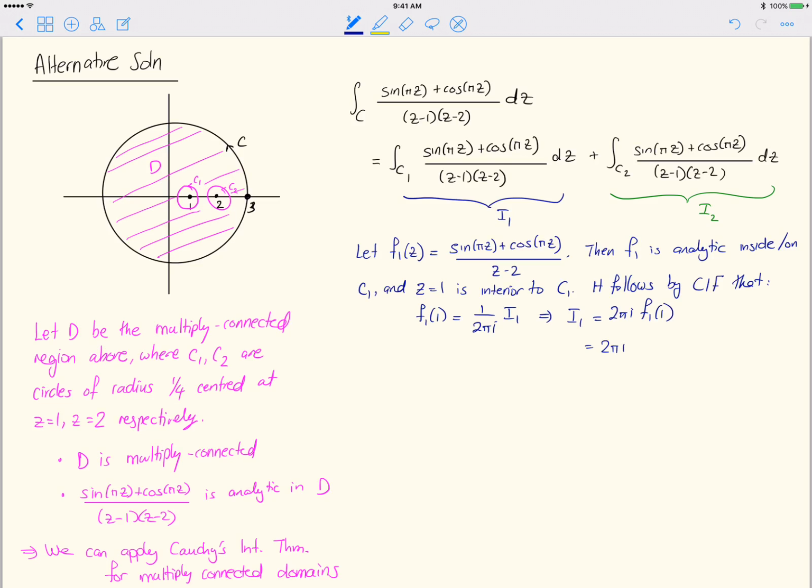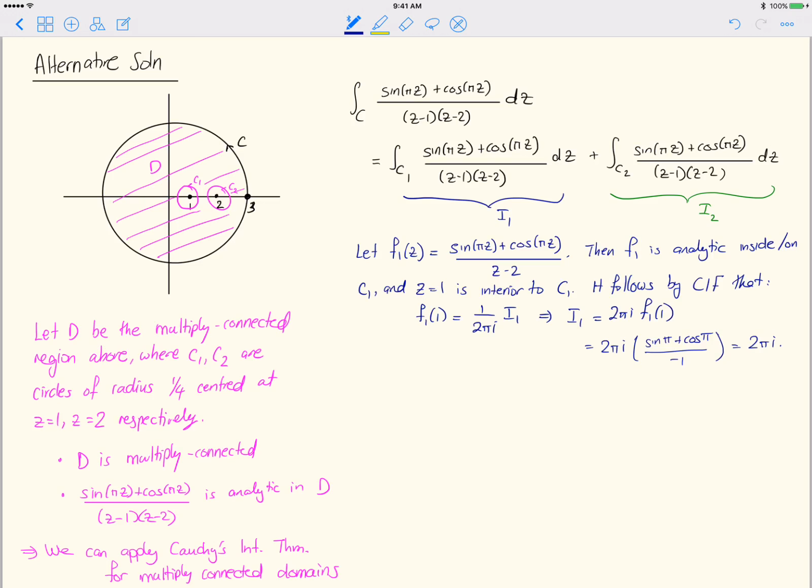Now, what is f1 of 1? It's going to be sine pi plus cos pi over z minus 2, so negative 1. Sine pi is 0, cos pi is negative 1, so it will cancel with the negative 1 in the denominator. You're just going to be left with 2 pi i, like that.